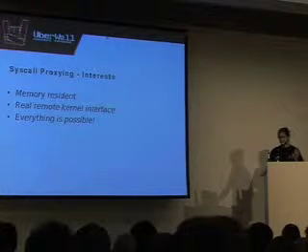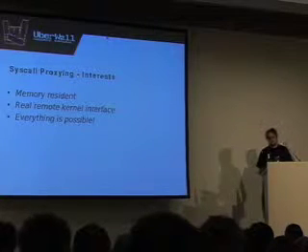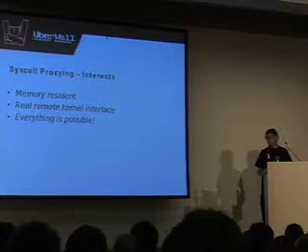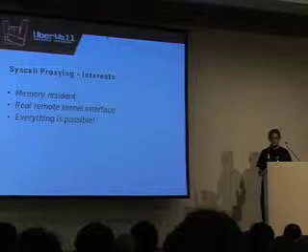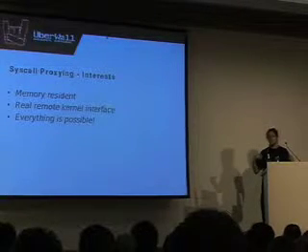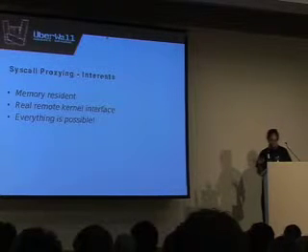From my point of view, the interest of the technique I use is that it's memory resident. We will see more about that later. That's providing you a real remote interface. And a lot of things are possible because that's a kind of universal usage you can do with that.